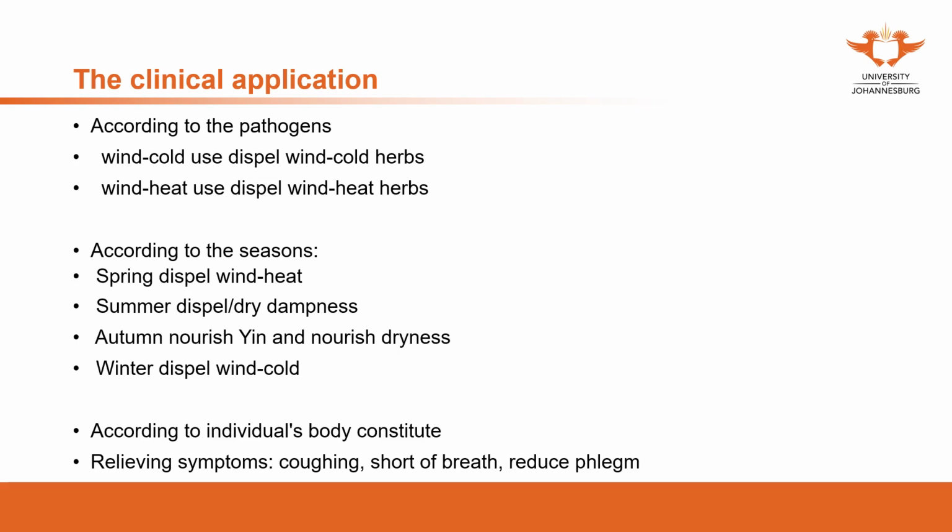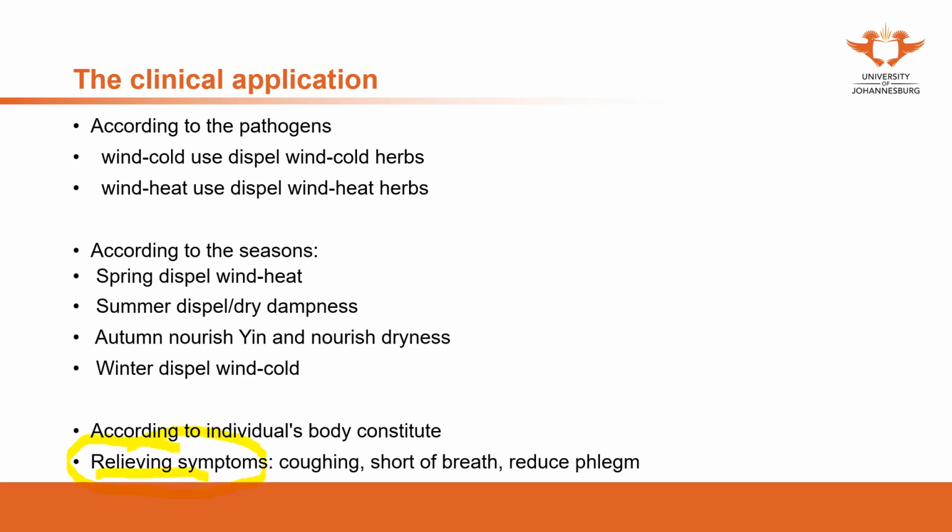When we write the prescription, we also need to think about the individual's body constitution. Is it a strong constitution or a weak constitution? This will affect which herbs you choose, and also the dosage. Lastly, you're going to think about the chief symptoms. What's the worst symptom you want to relieve?